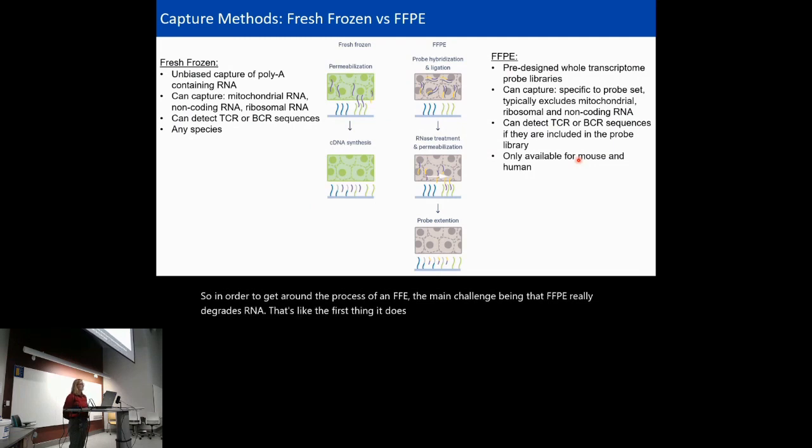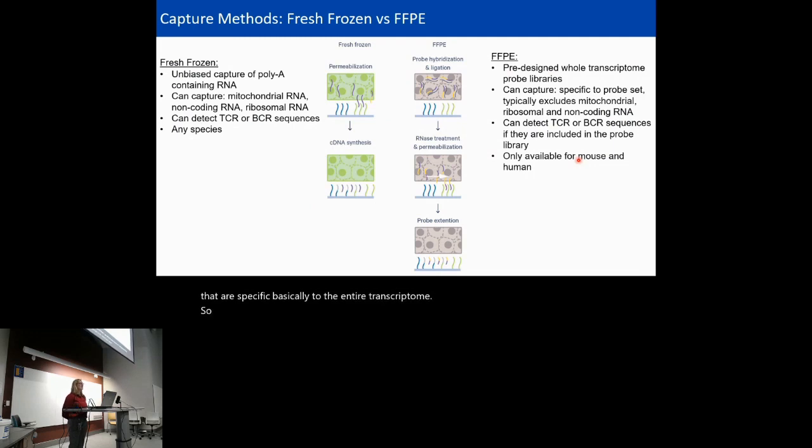The solution was to basically start by making pre-designed whole transcriptome probe libraries, okay? And this is actually now something that 10x has started using in their single cell platforms. They have their new assays called Flex, which you can use on a fixed sample, and that's basically the same concept. Let's design probe libraries that are specific to the entire transcriptome.